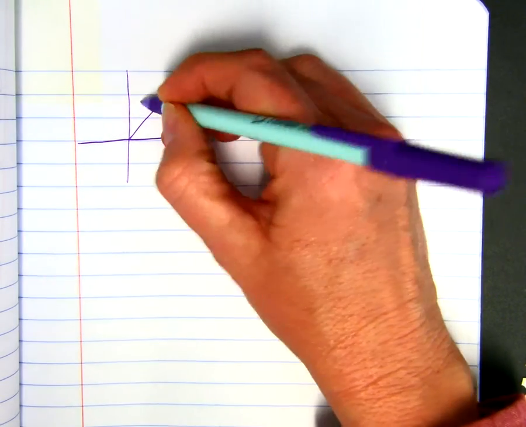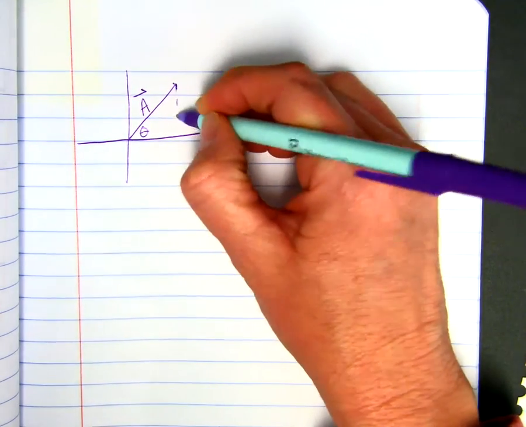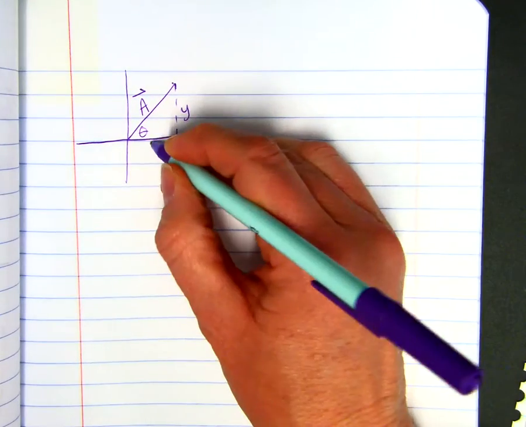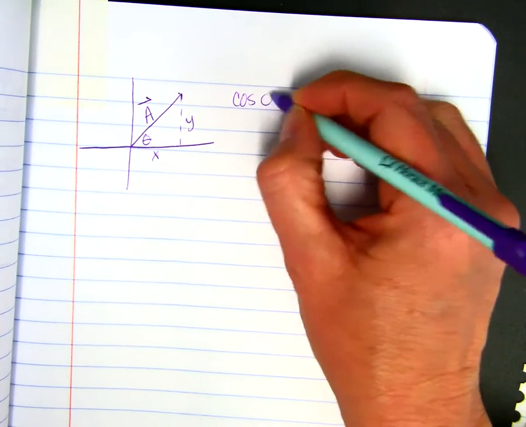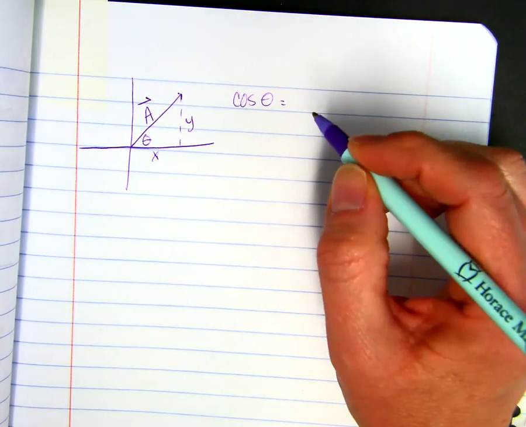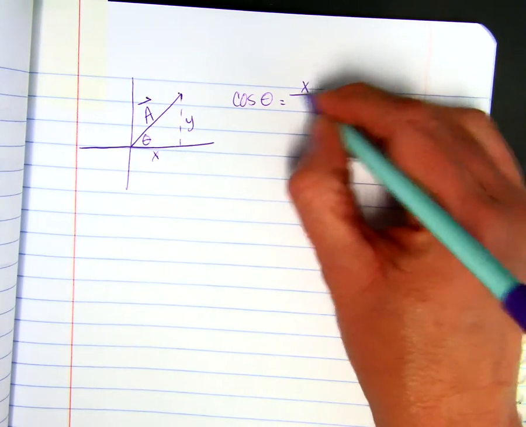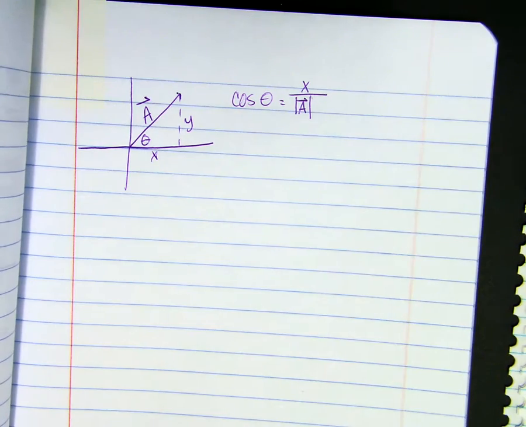Okay, we're going to use vector A. So just draw a generic vector A and theta, and then call this line right here y, and of course this one's x. So if I wanted to find the cosine of theta, I do the adjacent over the length of the hypotenuse, which is the magnitude of the vector.